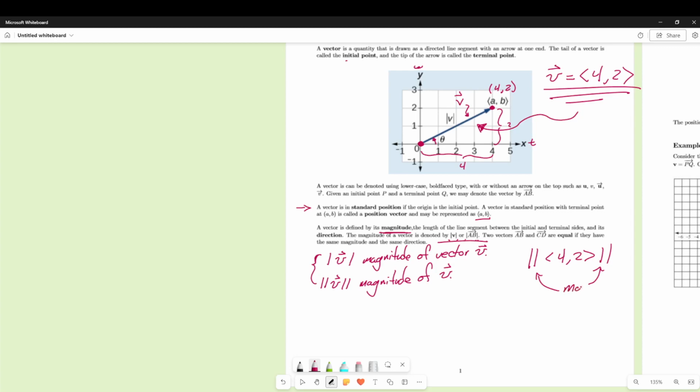Those absolute value bars are asking for the magnitude of this vector, and that would give us how long this vector is. That would give us its length or magnitude. Which again, magnitude is the length of the vector.